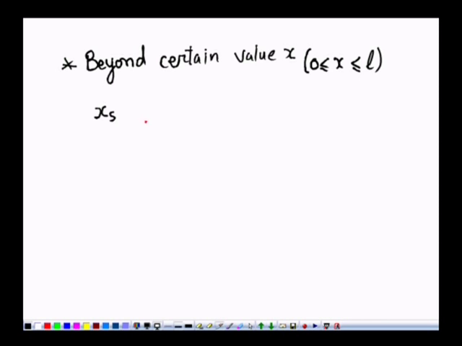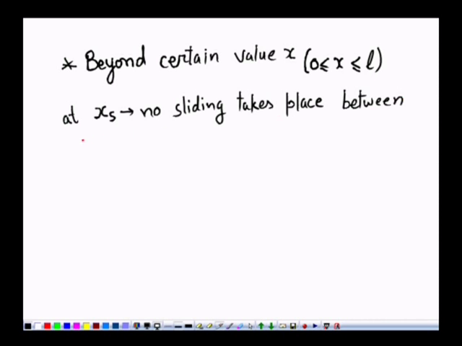There is no sliding taking place between the workpiece and the dies.